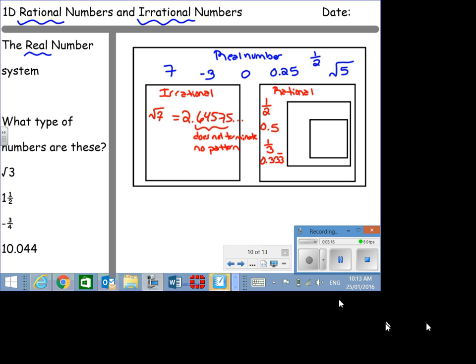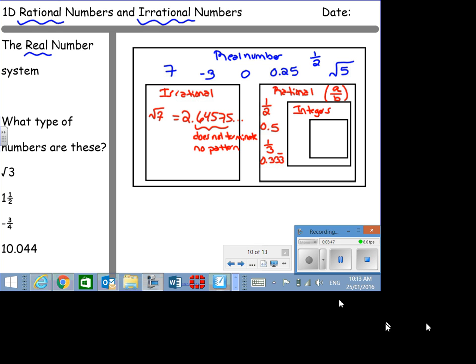So if you're dealing with a rational number, it's a number that I can actually make into a fraction. I can always make it look like something over something else. So A divided by B, right? If A was an integer and B was an integer, I could make them into a fraction. If I get even more specific, I could take away all the decimals and just deal with integers.